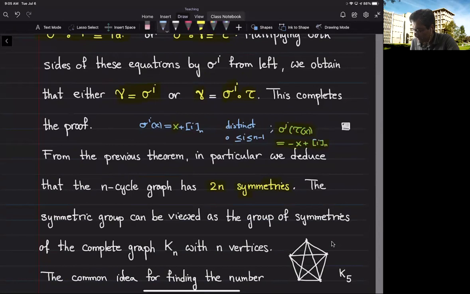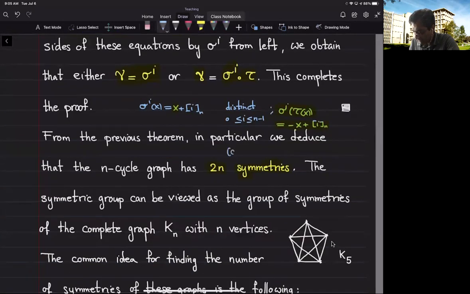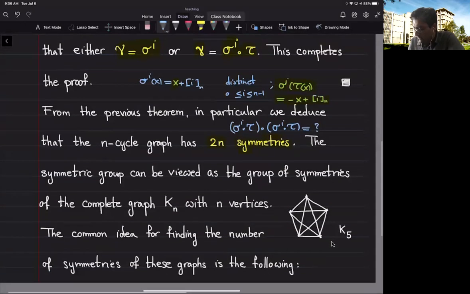I mean the following, that if I apply them again, like reflections, so if I look at the square of these elements, let's see what we get. So I have to apply this to a point x, and I ask myself, what do I get?